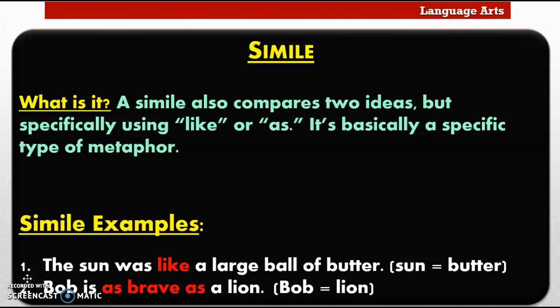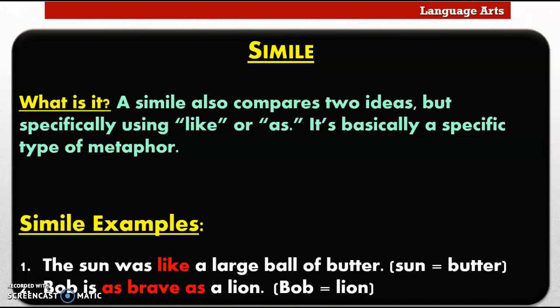Sun equals butter. They are not really similar in any way, maybe in how they look, right? The sun is a hot, big celestial object. Butter is a dairy product you consume, but you're trying to get a picture of what the sun was like.